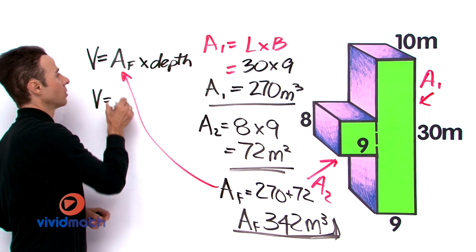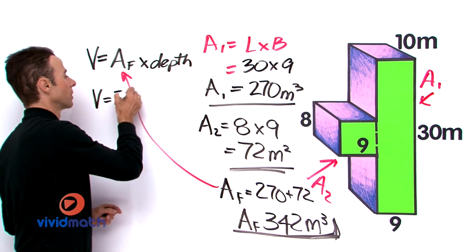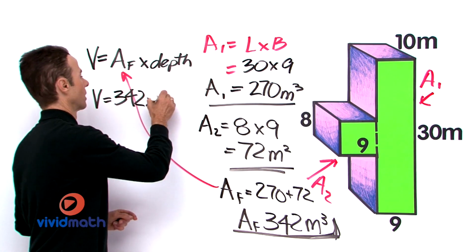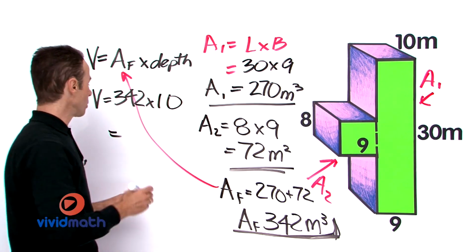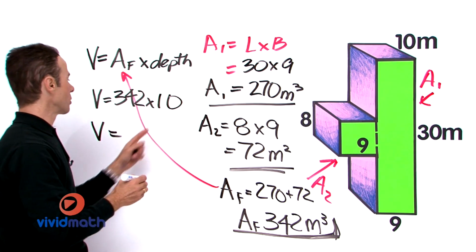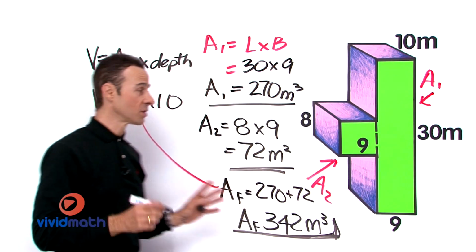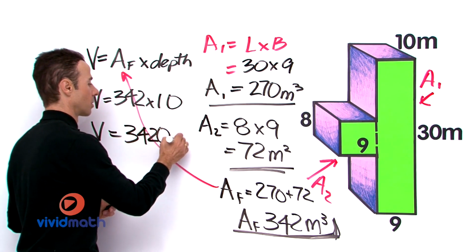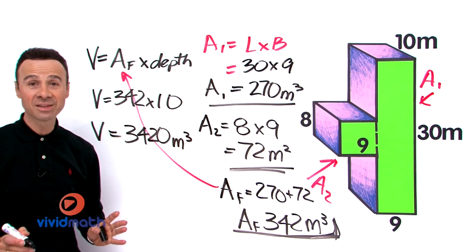So V equals area of the face, let's write that down, 342, times the depth, which is 10, which equals 342 times 10 all together for the volume. That equals the grand total of the whole block in cubic meters is 3,420 meters cubed.